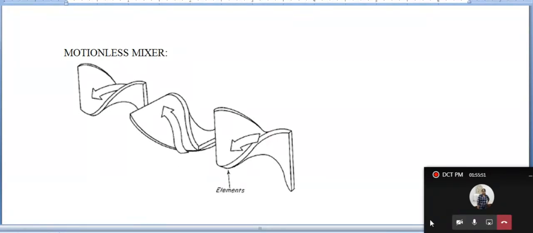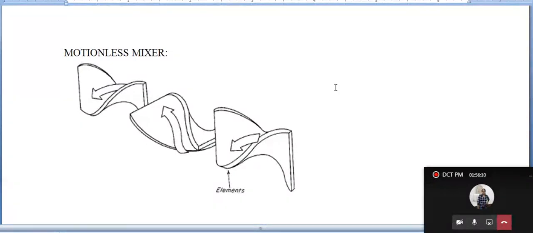Now what is this element? You will have a small rectangular plate. Listen carefully. Catch the rectangular plate with both of your hands.